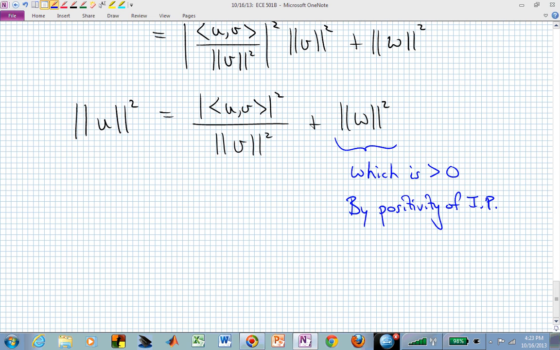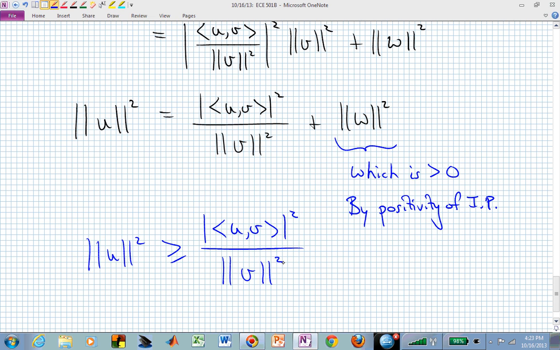Meaning we can now say that the norm of u squared is greater than or equal to the absolute value of the inner product of u and v, squared, over the norm of v squared.